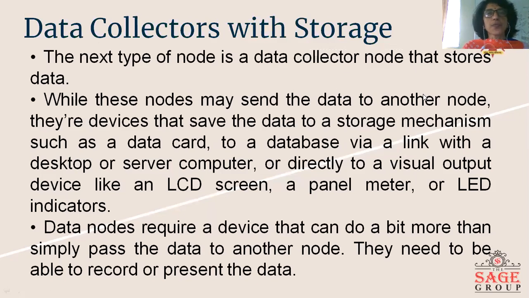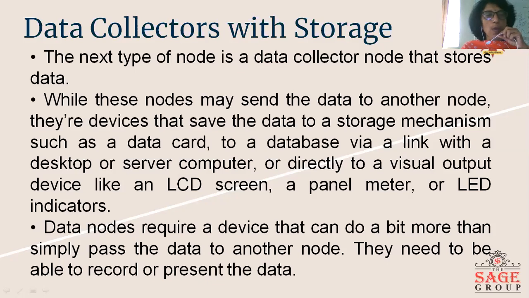The next type of node is a data collector node that stores the data. While these nodes may send the data to another node, they are devices that save the data to a storage mechanism such as a data card, to a database via link with a desktop or server computer, or directly to a visual output device like an LCD screen, a panel meter, or LED indicators.